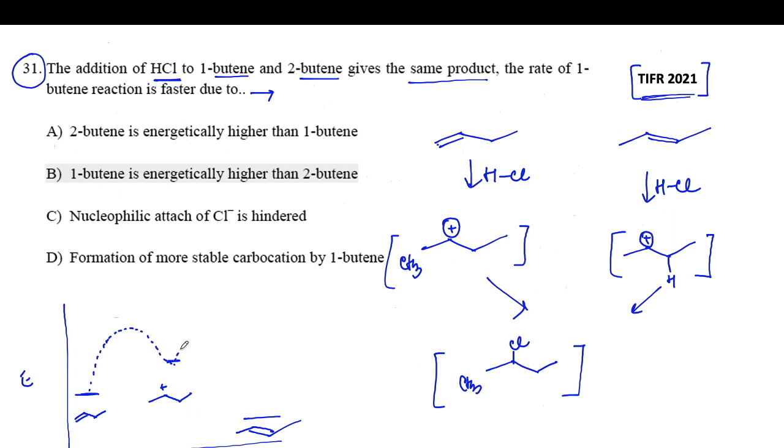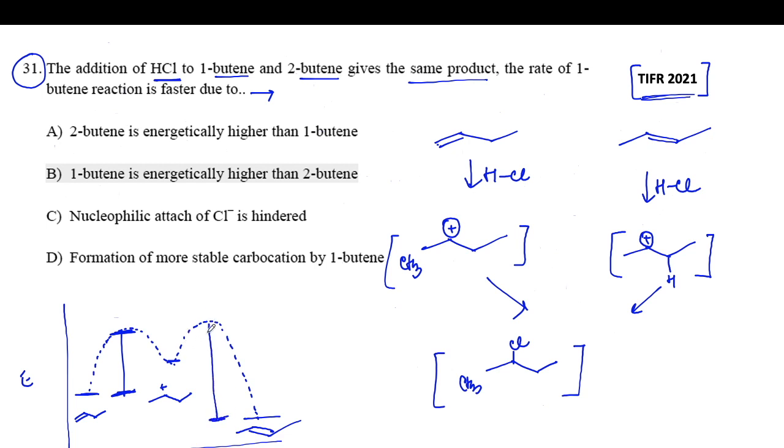But even if you are having the same intermediate, what will happen, guys? On going from 1-butene to the intermediate, you require less activation energy as compared to going from 2-butene to the same intermediate.